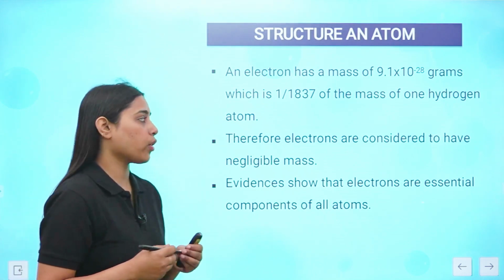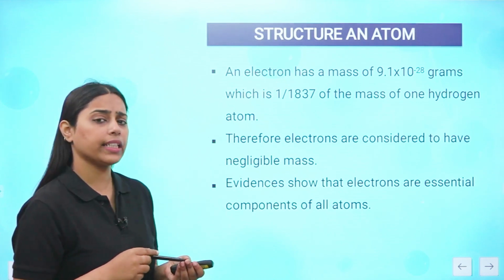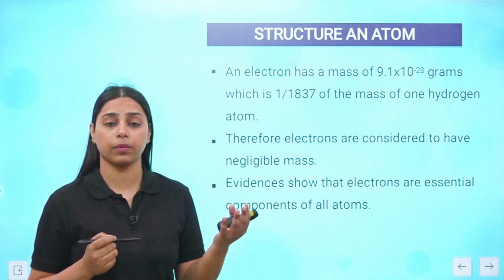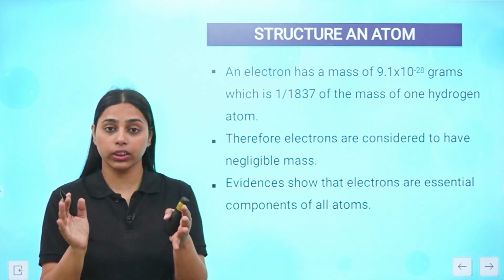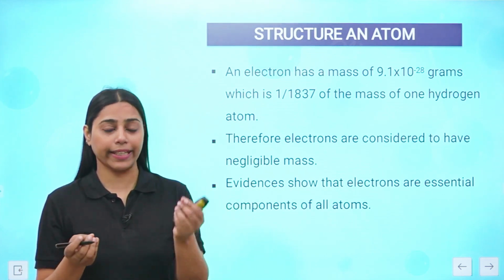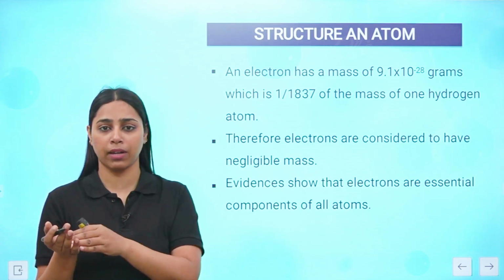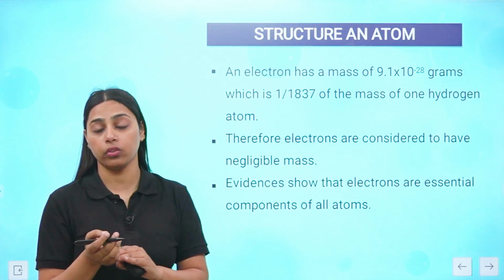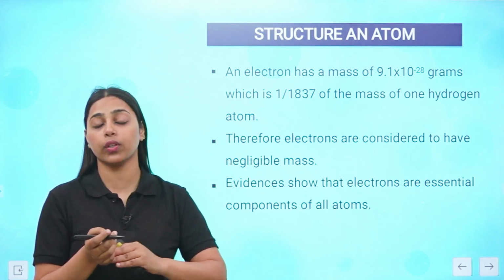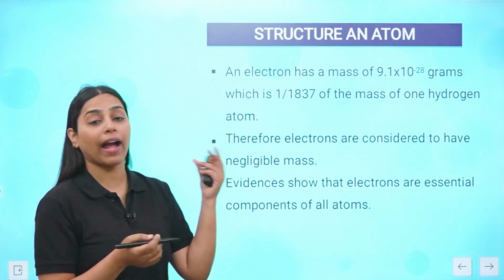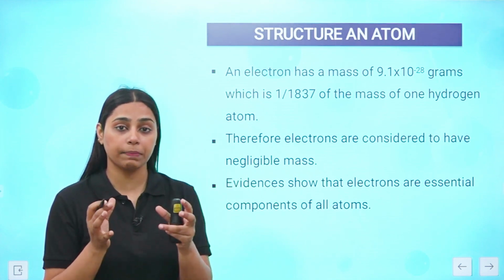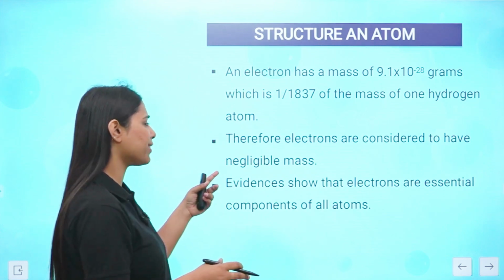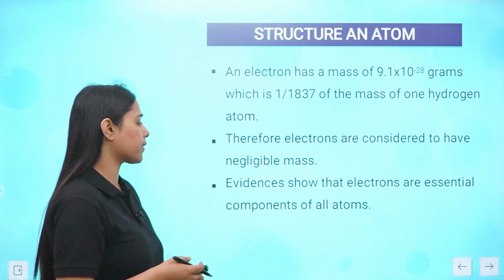Therefore electrons are considered to have negligible mass, because it is very little compared to one hydrogen atom, the smallest, lightest element, which has a mass of about 1.008, and the electron is 1 by 1837th part of that. So you can easily deduce from this magnitude how small this particle is, and so you consider it a negligible mass.